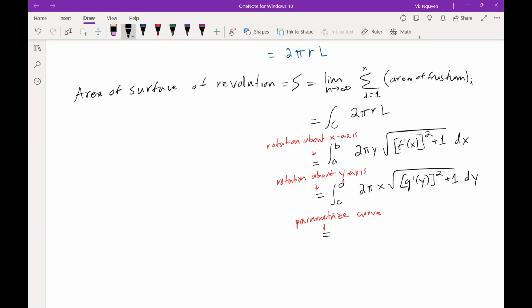In case we parameterize the curve, then the integral is going to be from alpha to beta of 2 pi y times the square root of dx over dt squared plus dy over dt squared dt.